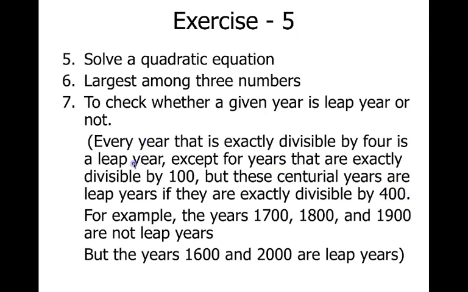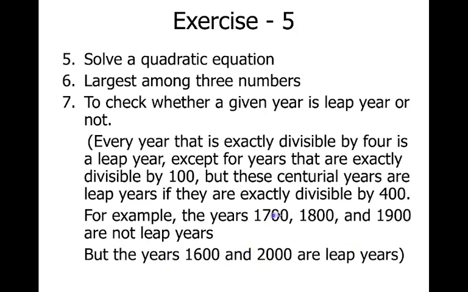So it should be divisible by 4 and not divisible by 100, or it should be divisible by 400. For example, the years 1700, 1800, 1900, these are all divisible by 4, but they are not leap years because they are divisible by 100. But the years 1600, 2000 are all leap years.